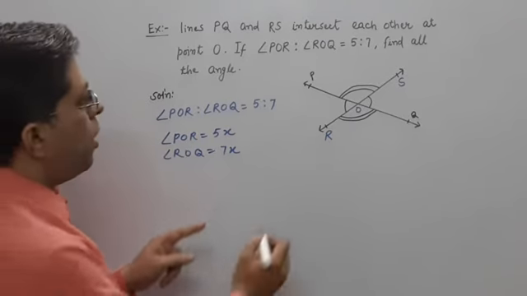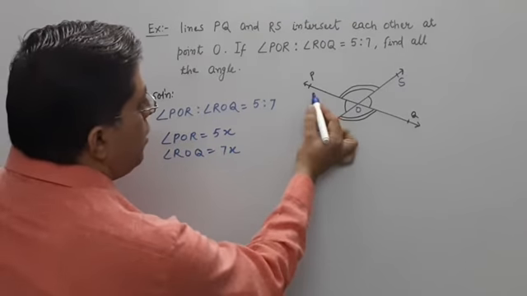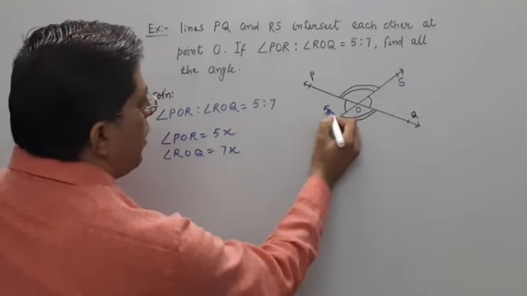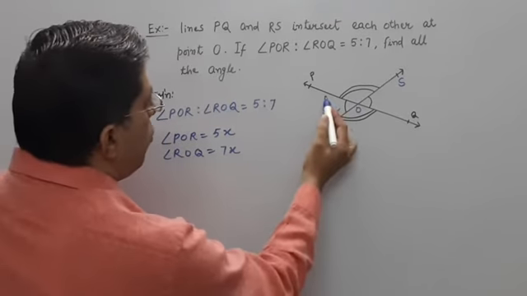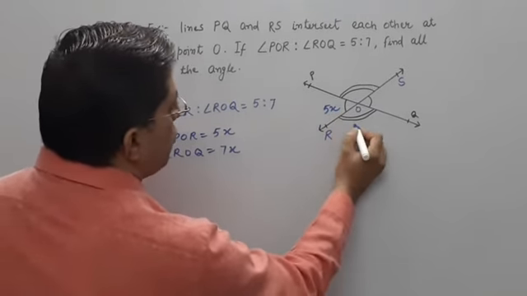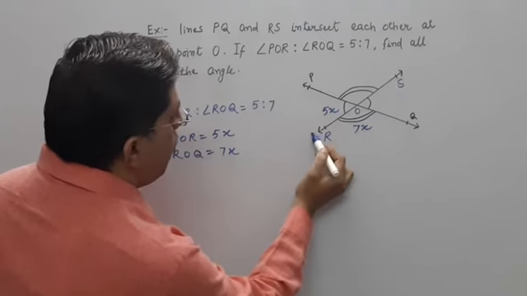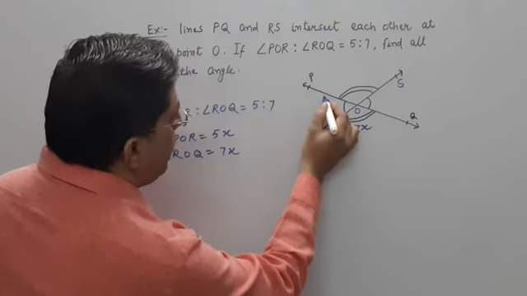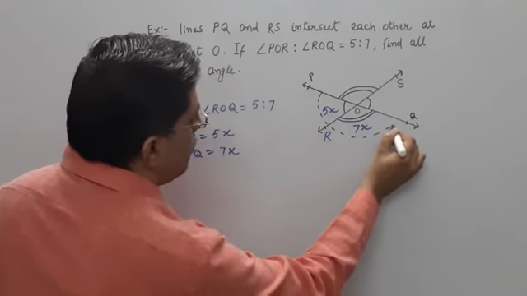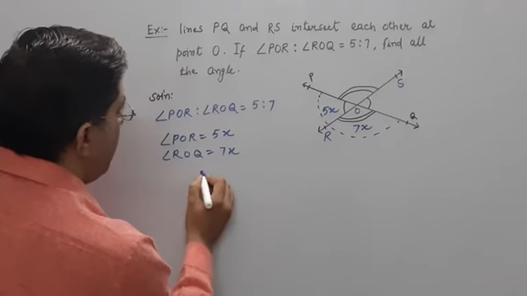POR is 5x, and ROQ will be 7x. Then what will it be? POR and ROQ will be a linear pair. Then what can I write?